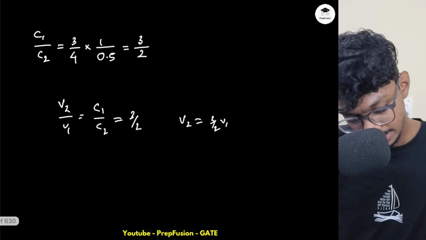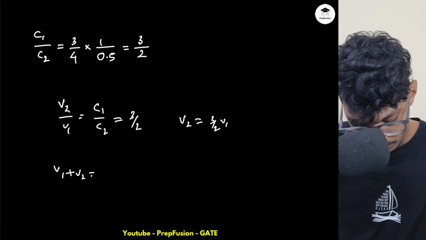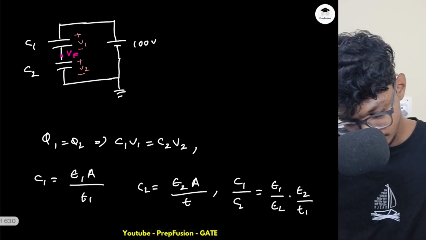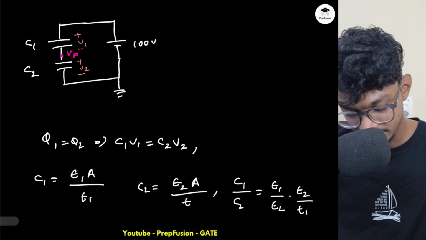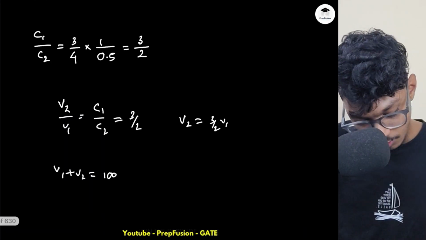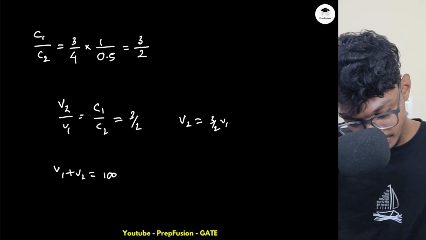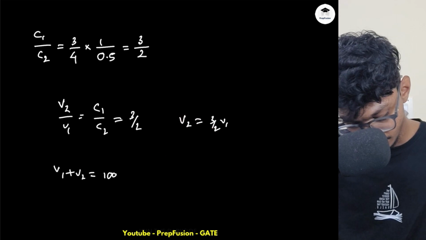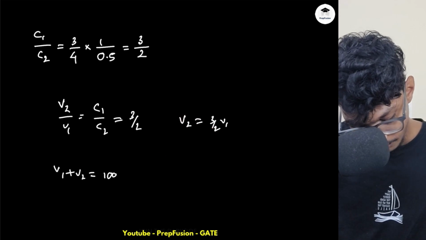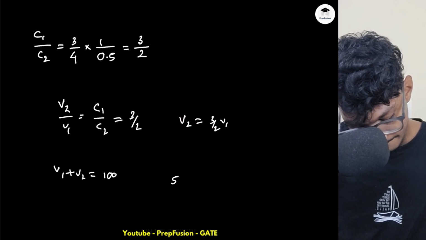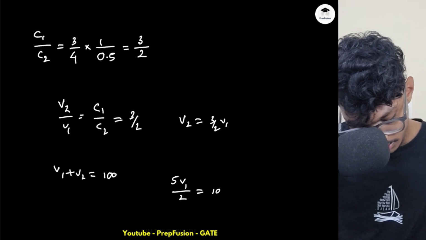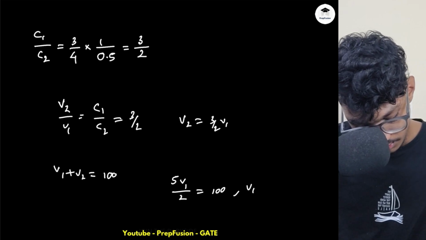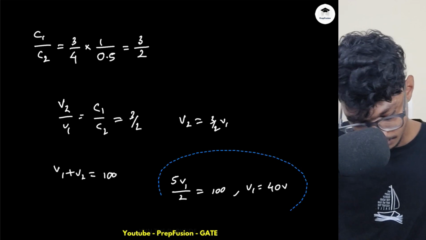I know that V1 plus V2 is equal to 100, correct? This whole potential will be equal to 100 itself, simple KVL. So I will replace V2 here with 3 by 2 V1. So it will be 5 V1 by 2 equals 100. So V1 is equal to 40 volts. Okay.